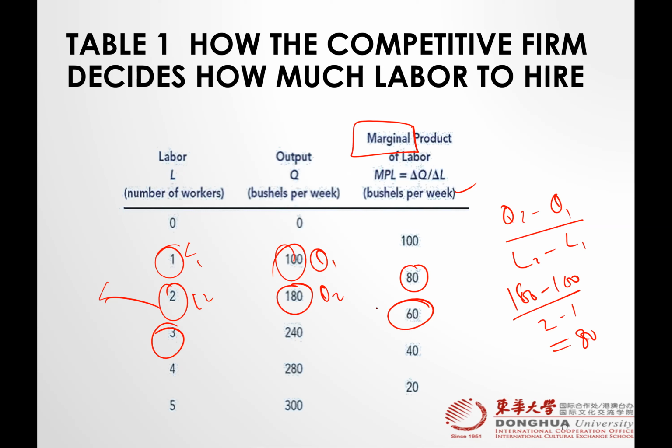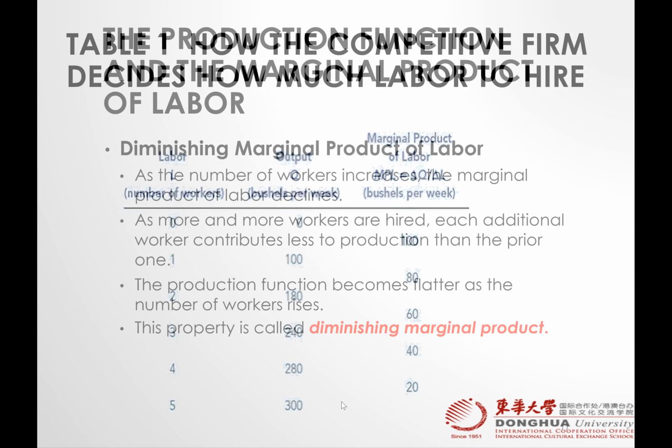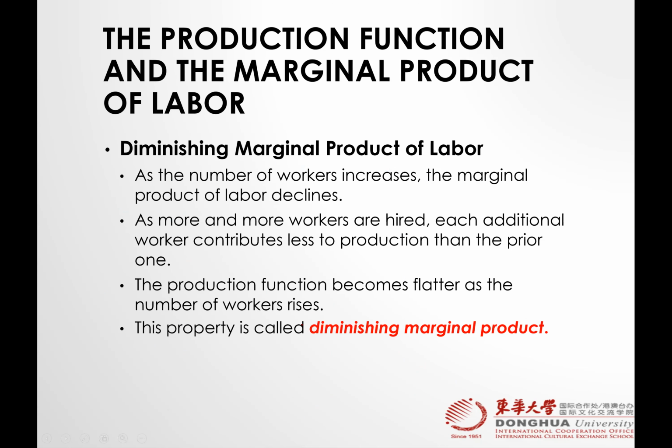If we add a third worker, he is adding an extra 60 bushels of apples per week. Similarly, this is 40 and 20. So you notice that the total output is increasing at a decreasing rate, and we have this property named diminishing marginal product.